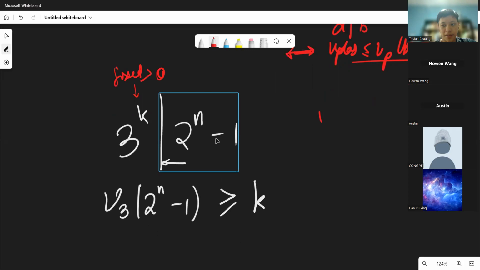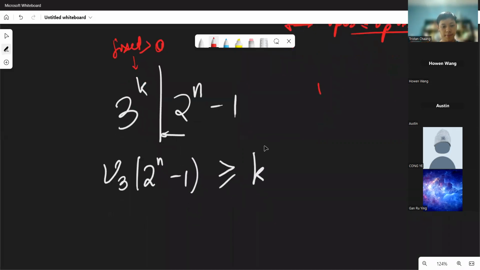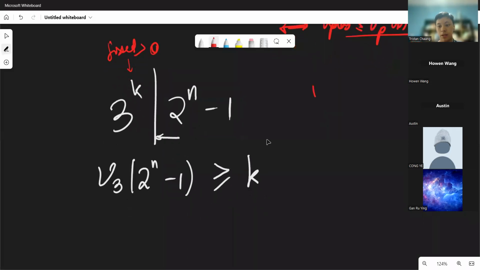So how do we find this? I mean, how do we solve this? Anything that we can use? Well, first question, can we use LTE directly? Why or why not? Can we use LTE?